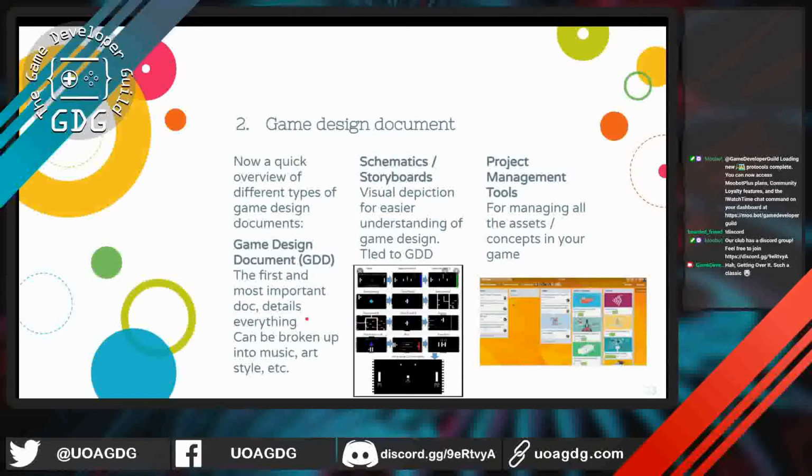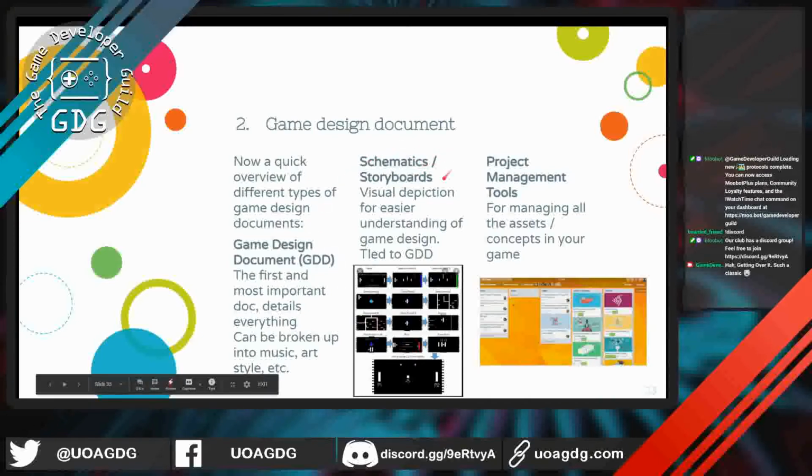It covers everything and usually covers, first of all, a placeholder title, target audience, the type of play that the designer wants players to experience, as well as art or music style or particular mechanics that are considered key for the game. I'll show a game design document example shortly, but I'll cover the others first.